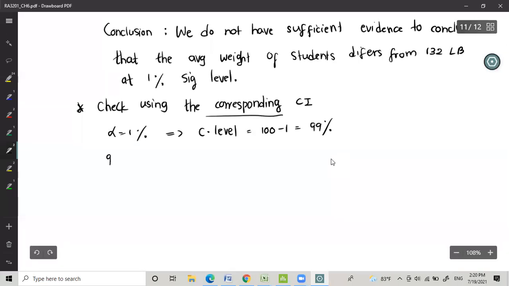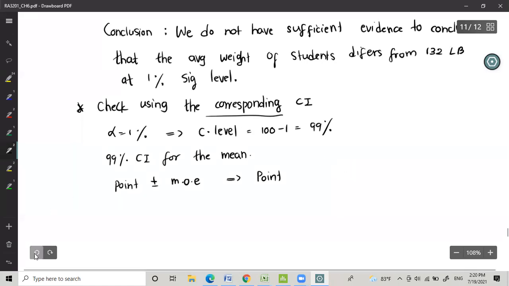So let's construct the 99% confidence interval for the mean. Can you remember how we did the confidence intervals? You get the point estimate plus or minus the margin of error. And how do you find the margin of error? Your point estimate, if it is about the mean, will be x bar.